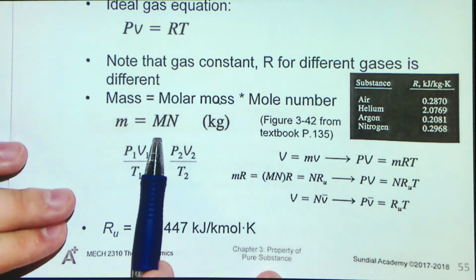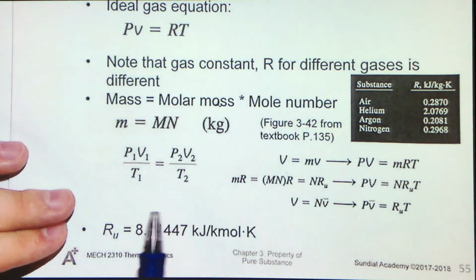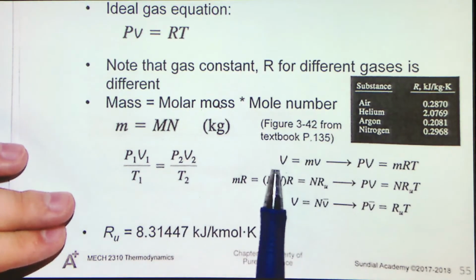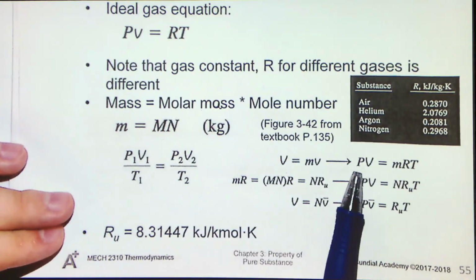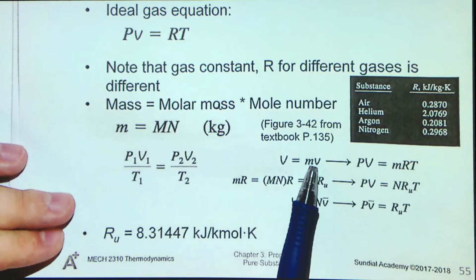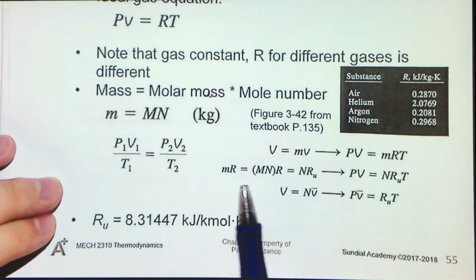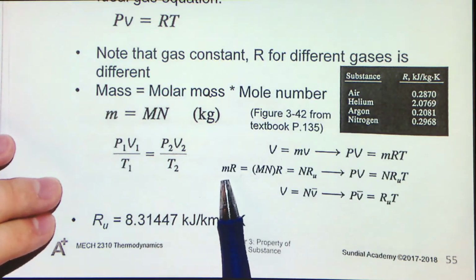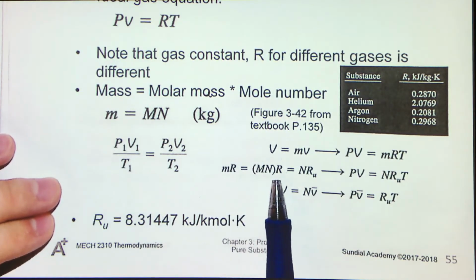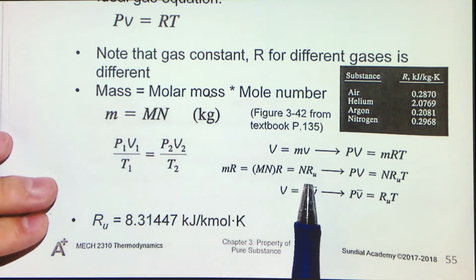From this ideal gas equation, we can convert it by several means. We can convert it to this form. This form is also a very useful form: PV equal to mRT, because of the definition of the specific volume. Here we can also rewrite mR to become N times R, where R is the universal gas constant.